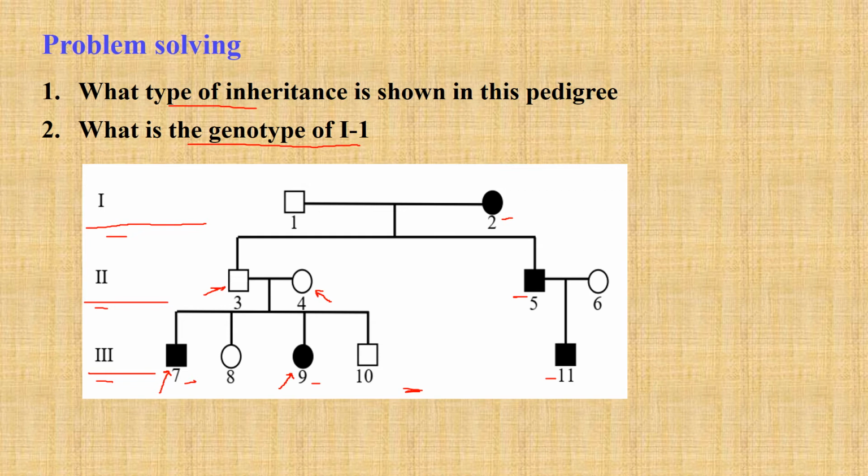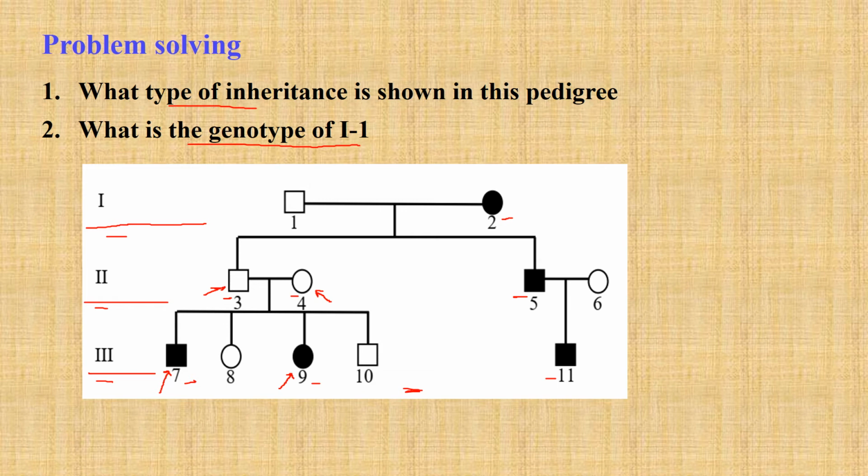Because if we look at Romans 2:3 and Romans 2:4, they are not sick, but they give rise to children that are sick. That means it is a recessive trait, and Romans 2:3 should be a carrier, and Romans 2:4 should also be a carrier.